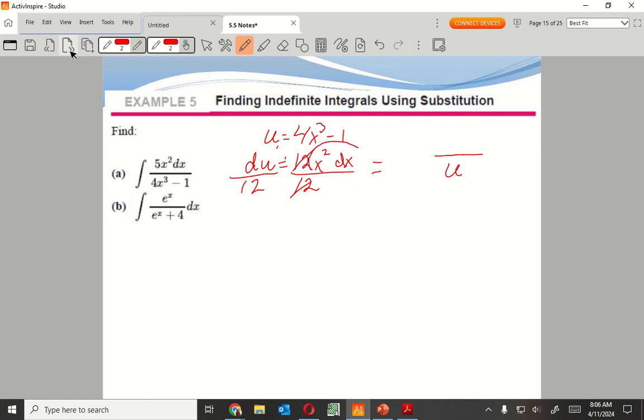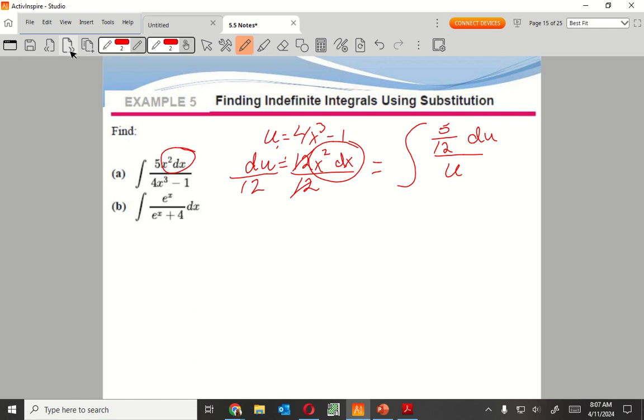So this right here is going to go in place of this right here. Not the 5 though. So it's going to be 5 over 12, because that 5 is still out there, and that's going to be du. Does that make sense, or is that nonsense? Nonsense? I'm trying to look at mine.